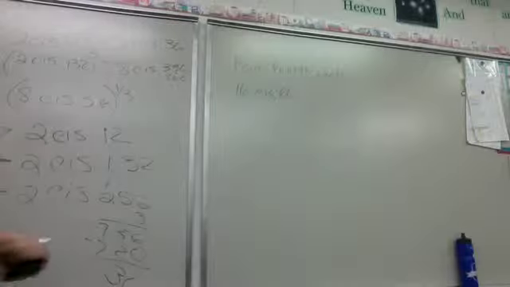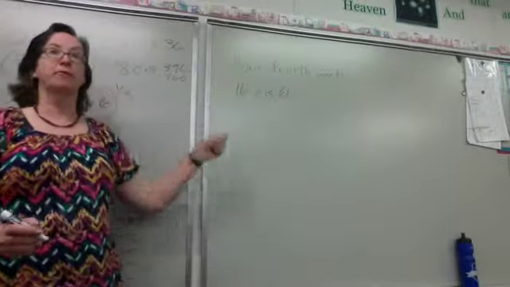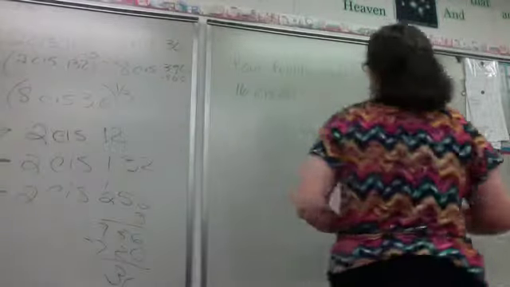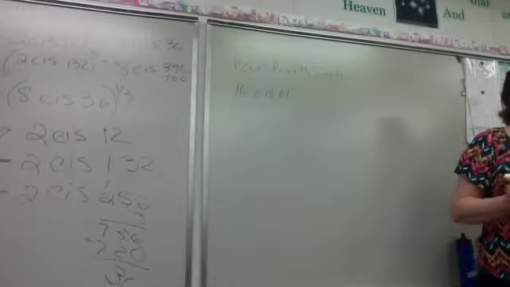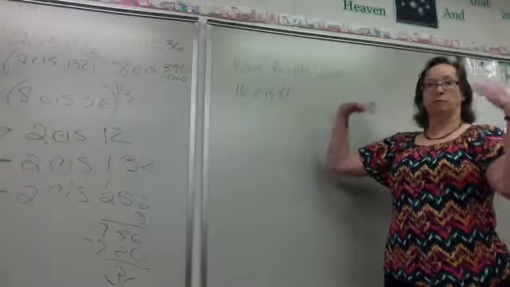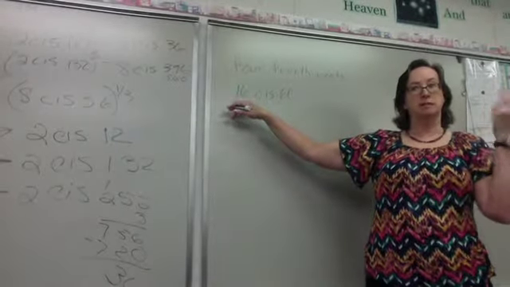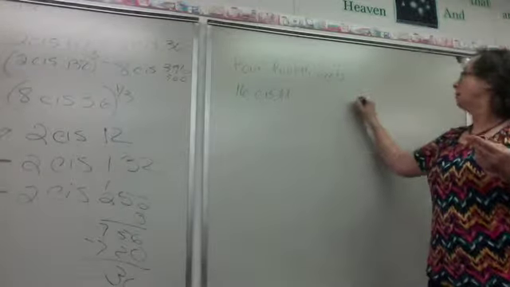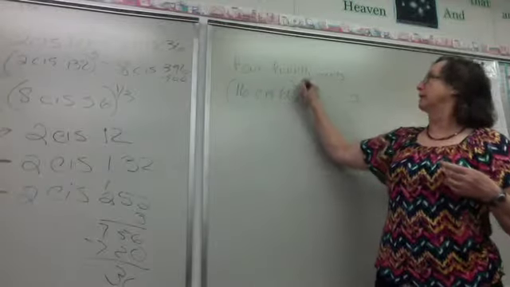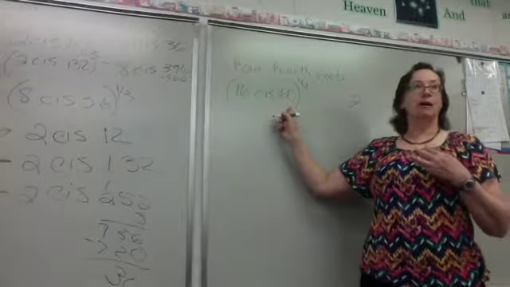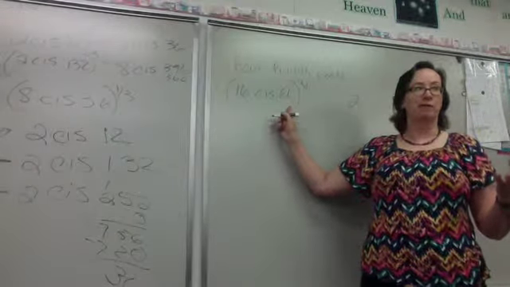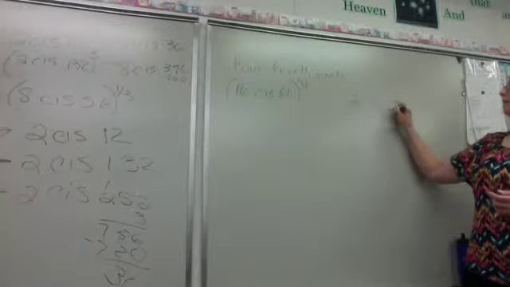All right, so now we're going to do the fourth roots of 16 cis 60. So now we're going to do the same thing again. We're going to take the fourth root of 16, which is 2, right? Then we're going to take what? Divide the 60 by 4 and get cis 15.